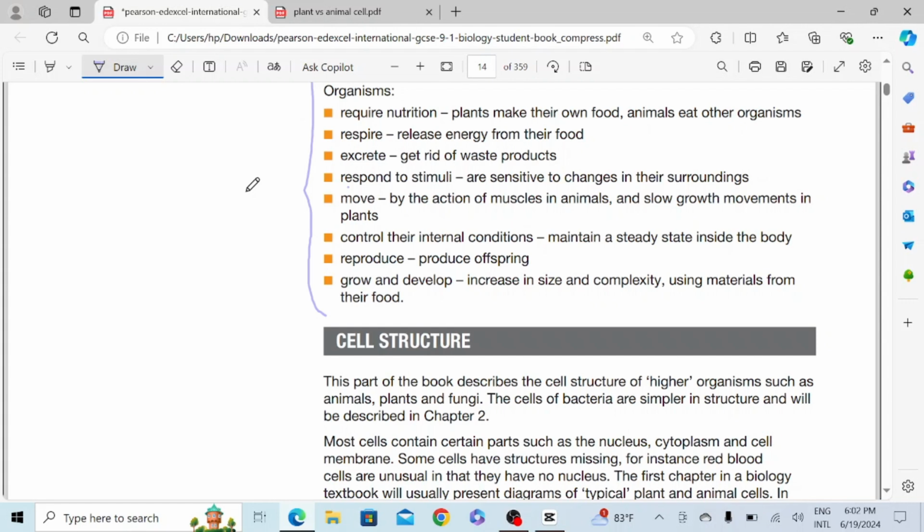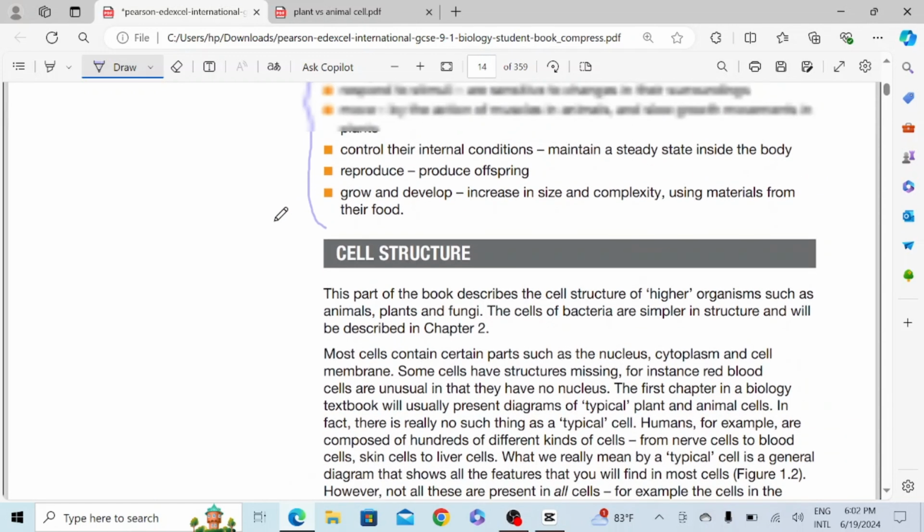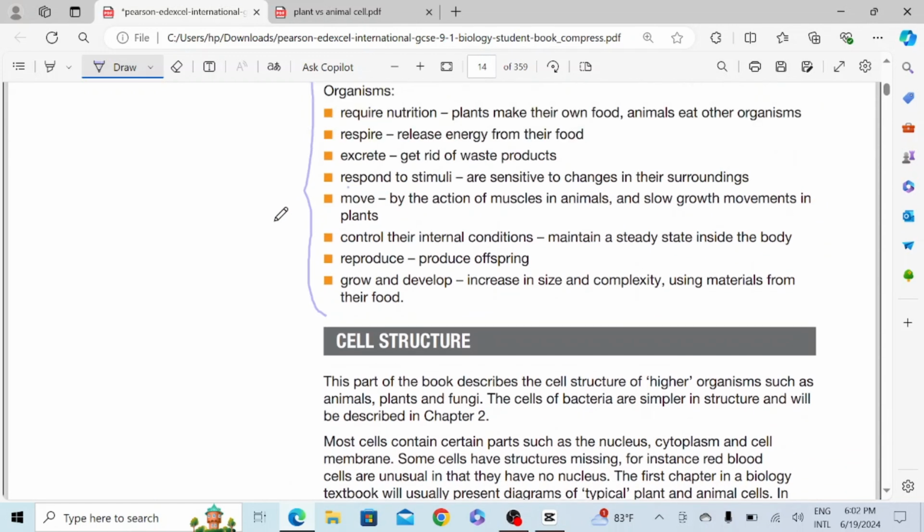This is called responding to stimuli. Then move. It's very easy to understand. Like as humans, we move, animals move, even plants are moving. How? By growing, right?